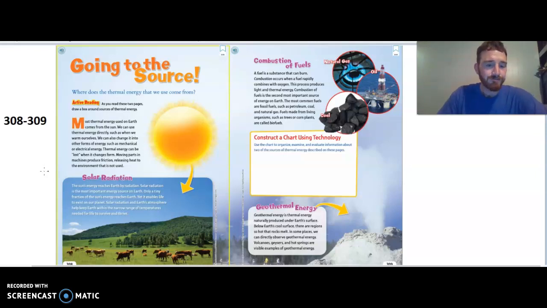For this first one, solar radiation, it says the sun's energy reaches Earth by radiation, like we talked about yesterday. It doesn't touch us directly, it travels through space and gets to us from a distance, and we can feel that heat. Only a tiny fraction of the sun's energy reaches Earth, yet it enables life to exist on our planet. Solar radiation in Earth's atmosphere helps keep Earth within the narrow range of temperatures needed for life to survive and thrive.